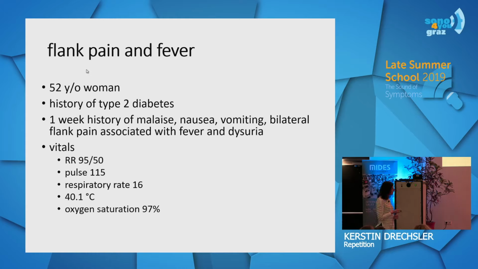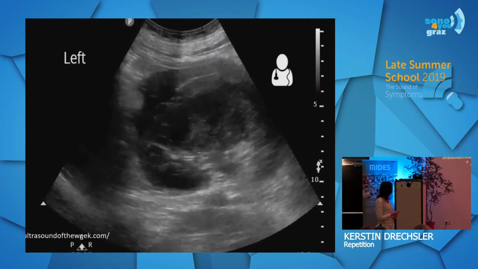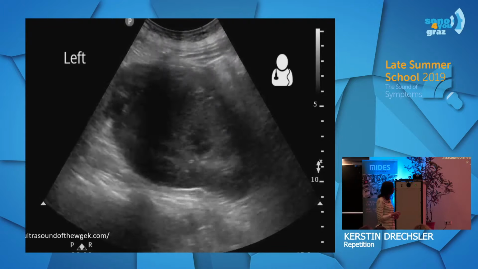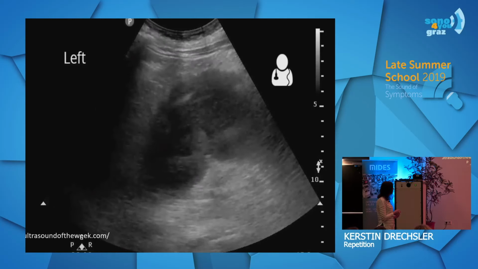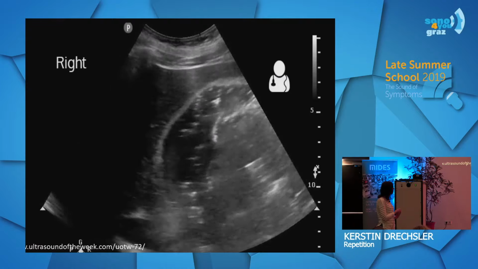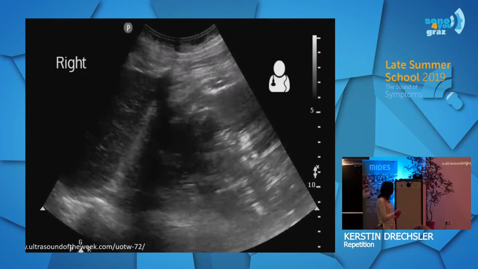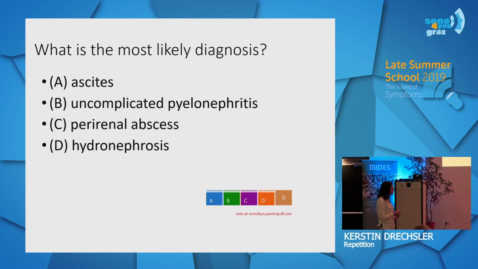So you decide to actually look at the flanks, and that's what we see. And on the right-hand side, we see the following. So what is the most likely diagnosis in that case?